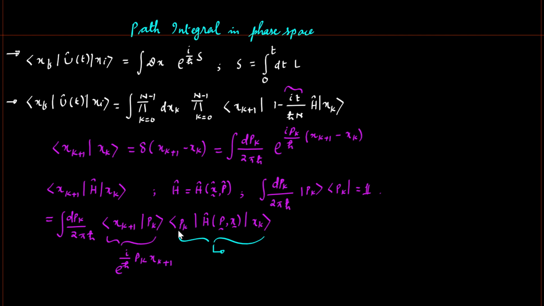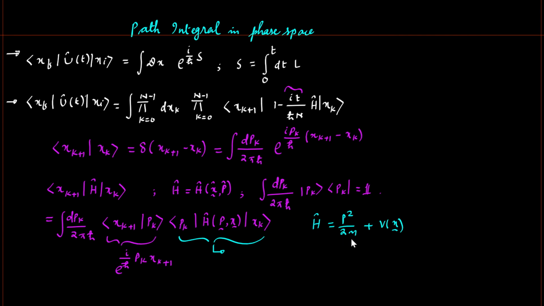Here the Hamiltonian is a function of both position and momentum, so it can act on the momentum as well as on the position. In classical mechanics, the Hamiltonian is usually the total energy of a system, the kinetic energy plus the potential energy, so usually we will have p squared by 2m plus some potential term, right?